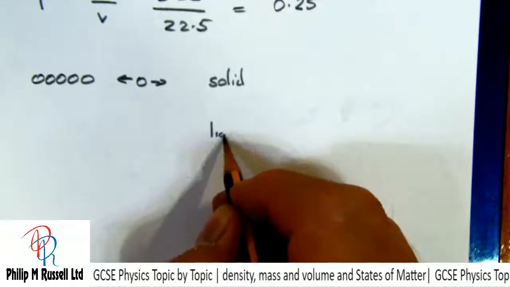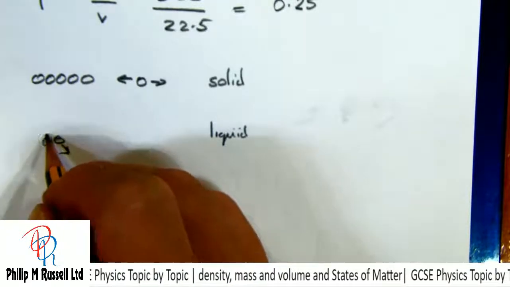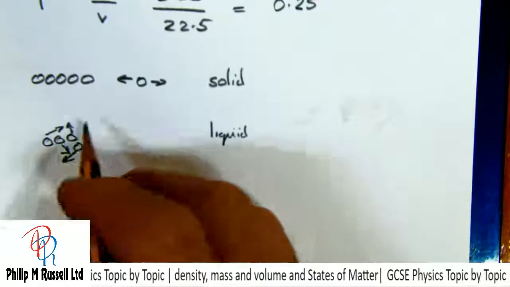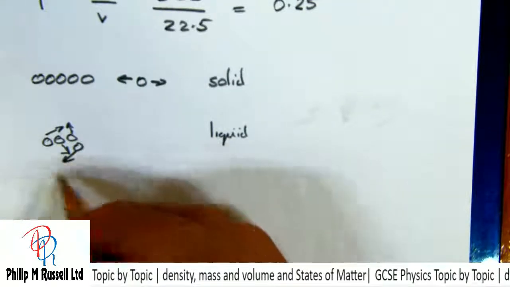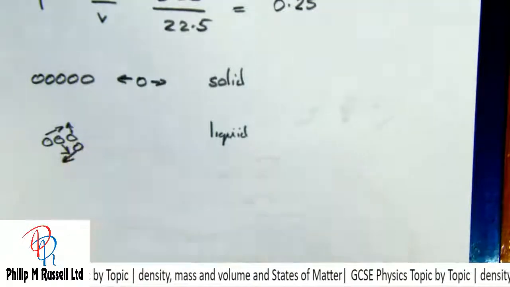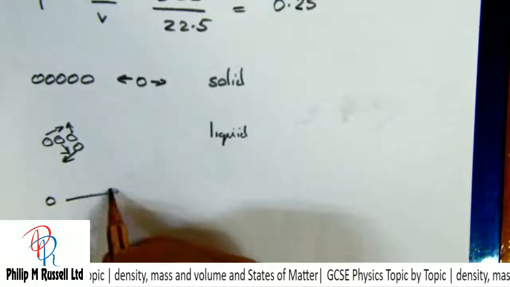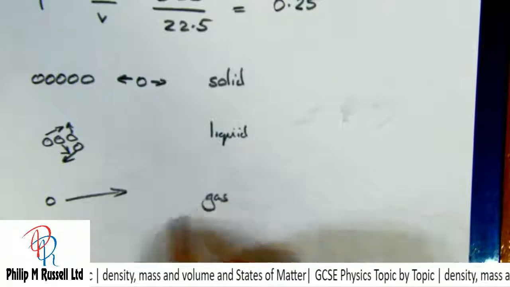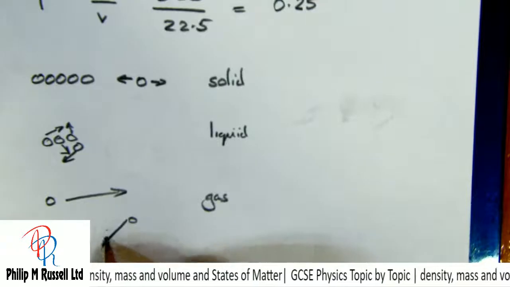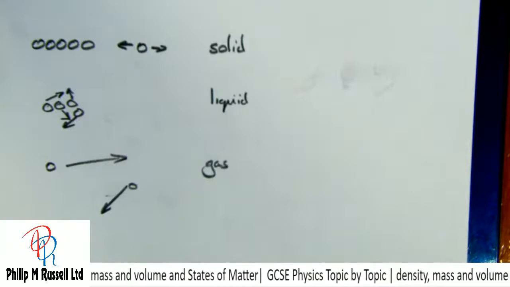Then in a liquid they're able to move over one another in all directions, but as they move over one another, they're still touching one another. And then finally we've got a gas, and this is where you might have one molecule zipping past, maybe another one going in another direction at high speed. Solids, liquids and gases.